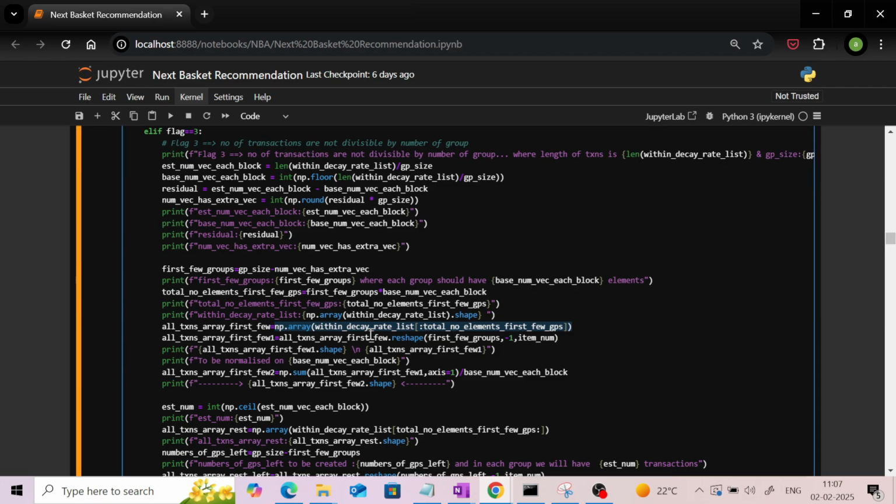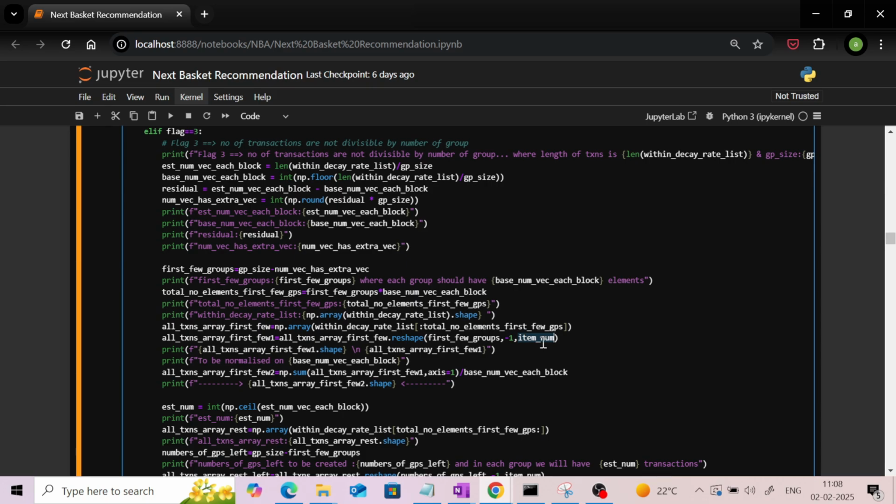And then what we are doing is like we are saving it in all transactions array first few. That all transaction array first few is reshaped into this particular format, where first few groups means like first six groups, comma minus one, comma item number. So what does this minus one does is basically we know like we want six groups, and the length of the item length of each of the groups should be 11,997.